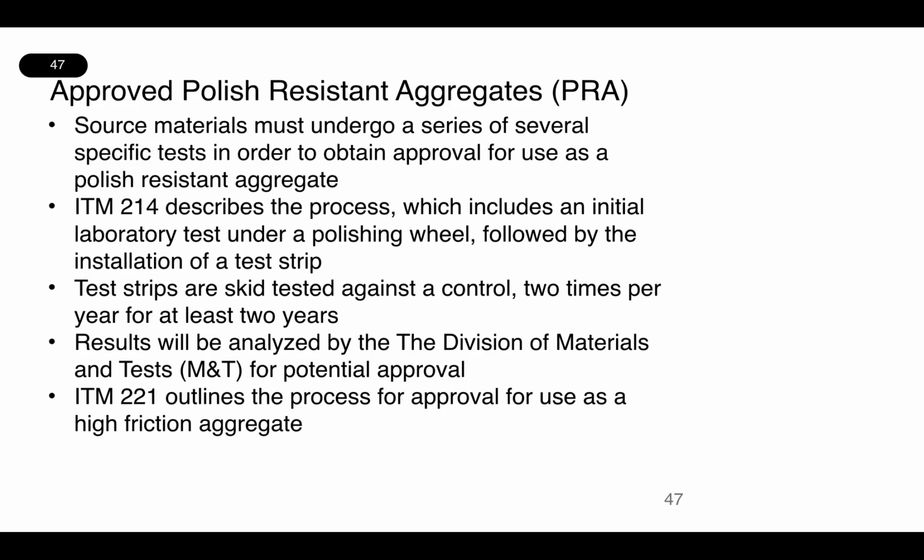The test strips are skidded against a control a few times per year, and then we look at the results and make a determination on whether or not we can approve that material as a polish-resistant aggregate. ITM 221 describes the process for polish-resistant aggregate with higher ESOL.